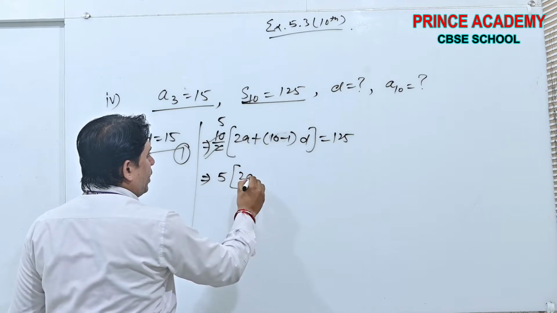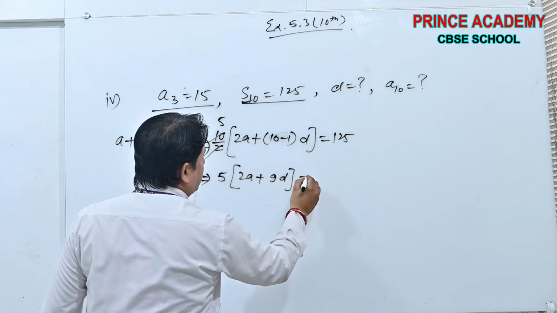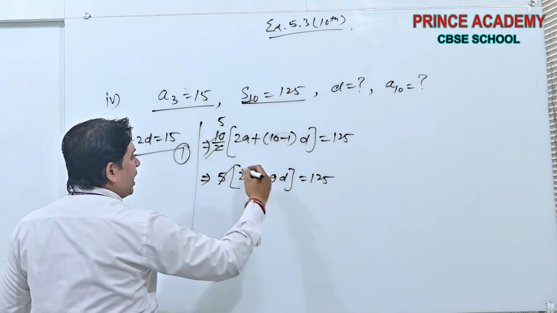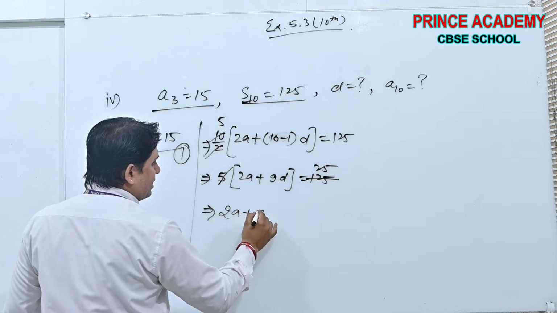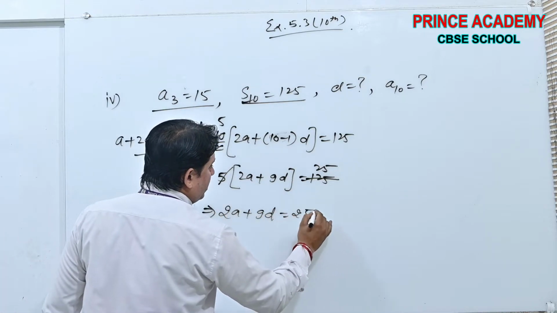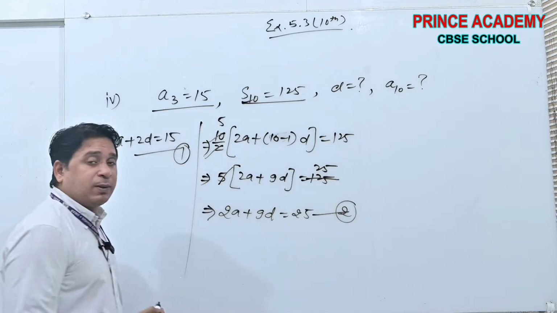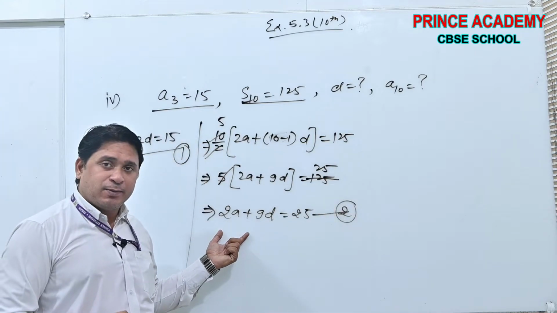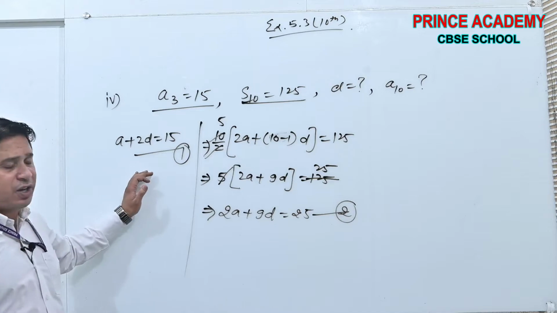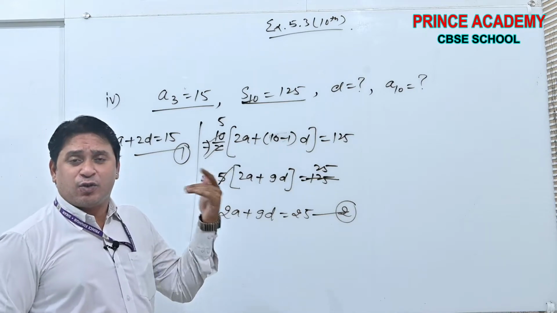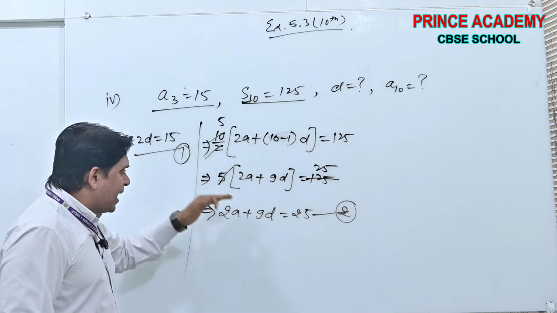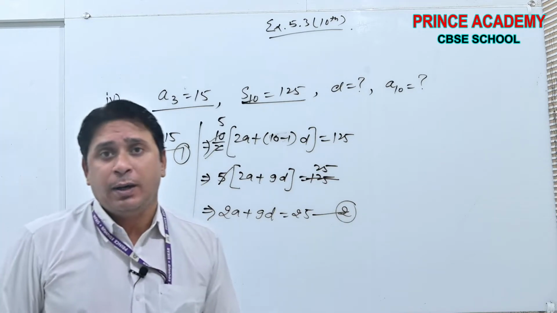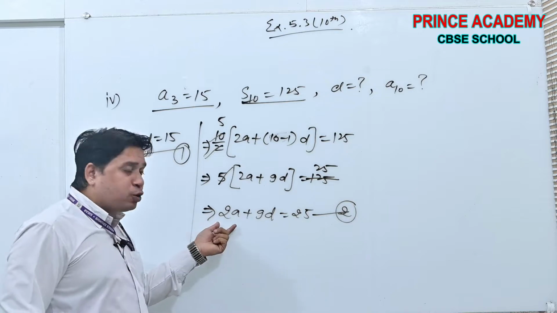Okay? See, 5 into 2A plus 9D is equal to 125. This 5 can cancel this. From here, 2A plus 9D is 25. This is equation second. Now see beta, this is the equation in terms of A and D. This is also an equation in terms of A and D. We have to solve these equations. See beta, if we subtract one directly from the other, no benefit, because here is A, here is 2A.